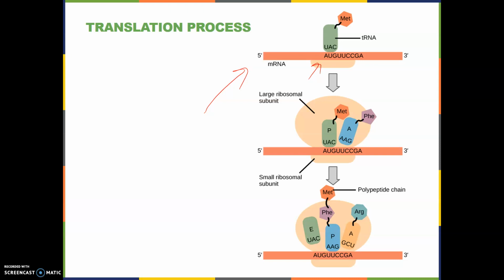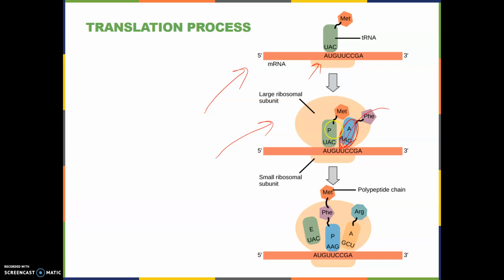Then the large ribosomal subunit comes in, and transfer RNAs continue to bring amino acids to the correct spot. Now, once this one comes in, it's going to attach to the methionine. The phenylalanine will attach to the methionine, and then this transfer RNA will eventually leave.